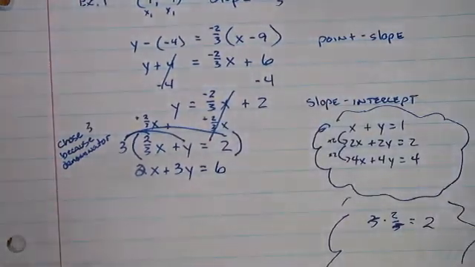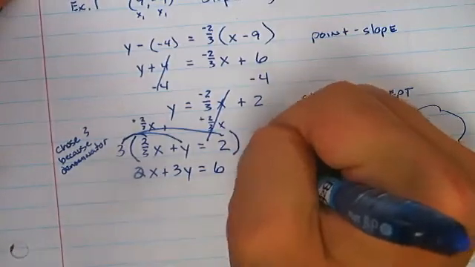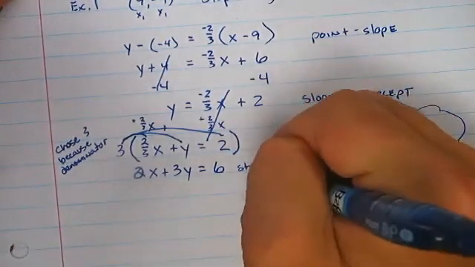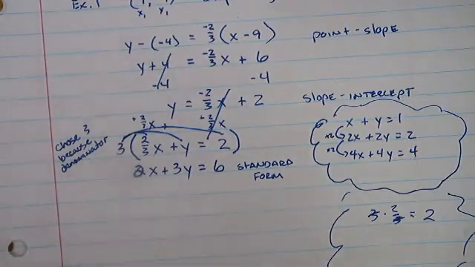And so this would be our standard form. So carrying it all the way through from point slope to slope intercept down to standard form, regardless of what they have their answer choices in, we can match what we need to what they might give us.